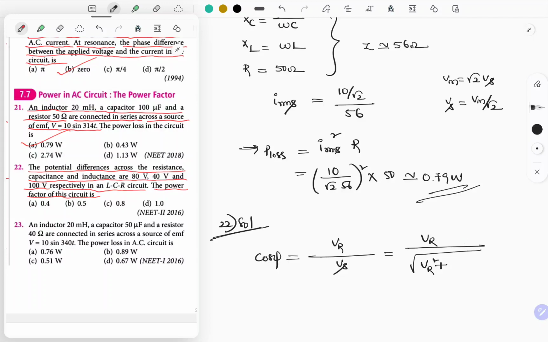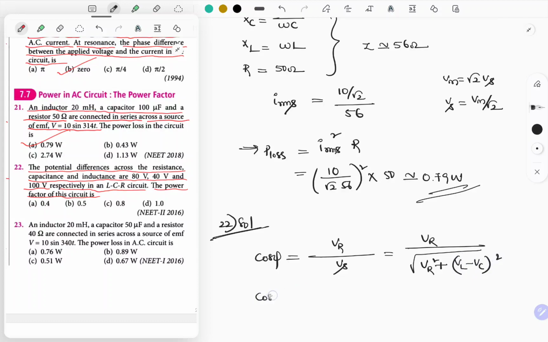Which is greater here, VL or VC? Across capacitor it is 40 and across inductor it is 100. That means VL is greater. It's (VL minus VC) square.